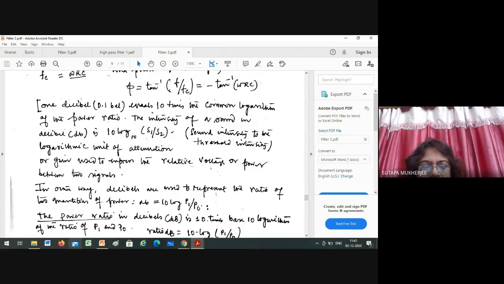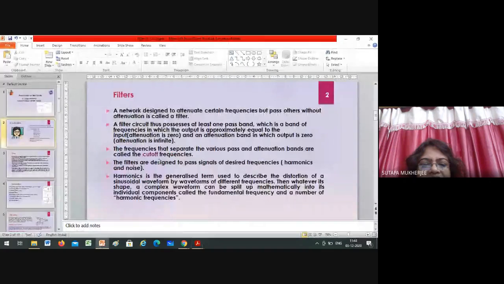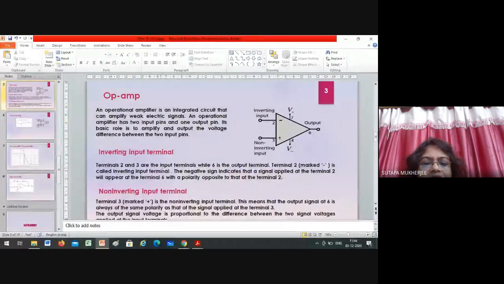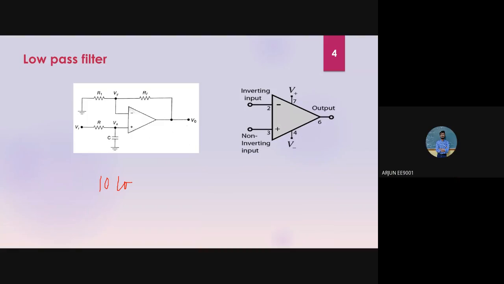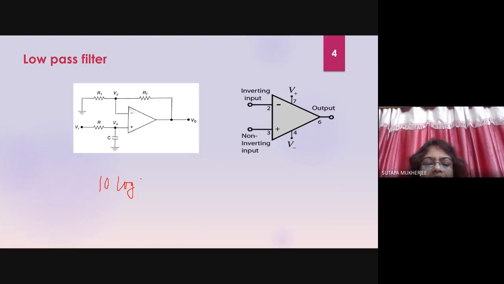That is, 10 log P2 by P1 to the base 10. That is called dB, decibel.